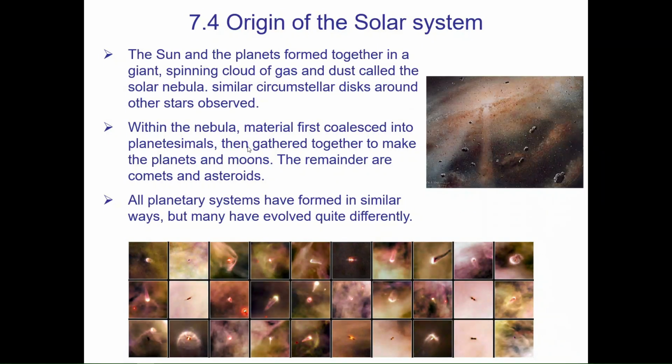Then those planetesimals gather together to make the planets and moons. Through gravity, they can collide with each other and become one, or they attract nearby small debris or material to grow in size. And the material that does not become part of planets or moons is just left inside the solar system, and becomes comets and asteroids.